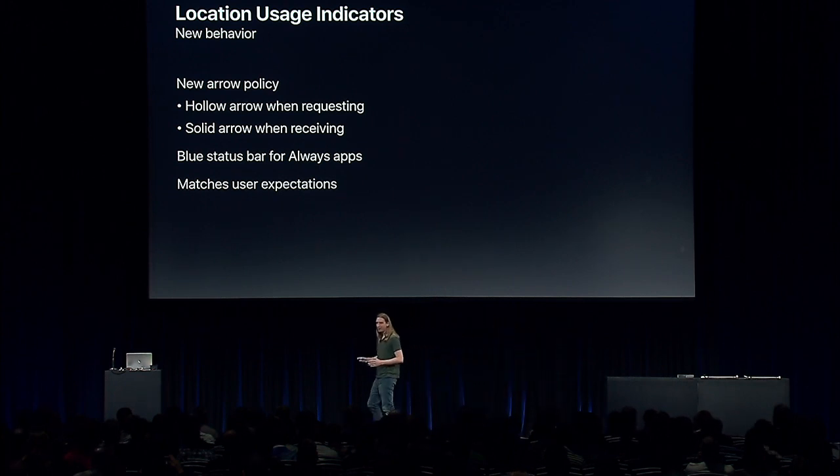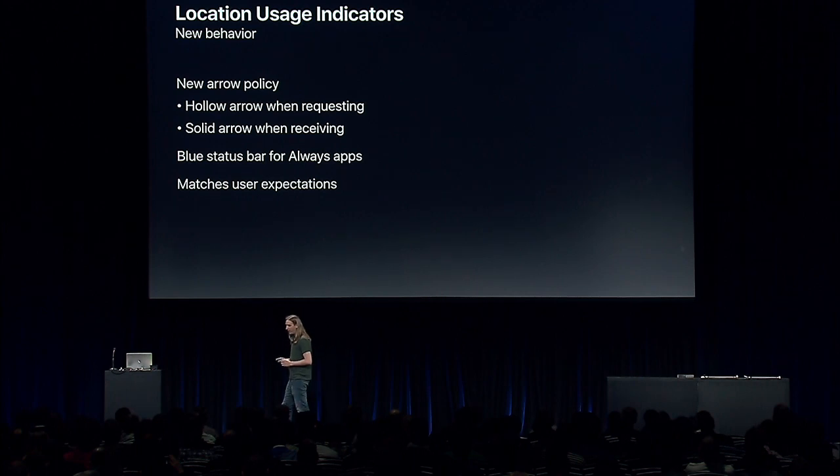Previously, we had that hollow arrow behavior. And users came to understand that the hollow arrow indicated that an app was using location in the background, but it wasn't continuously receiving updates. It was receiving them potentially intermittently or only when specific events occurred. And so they understood that this arrow represented low-power background monitoring.